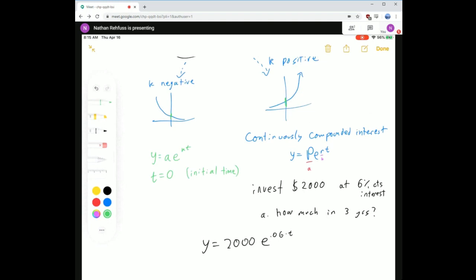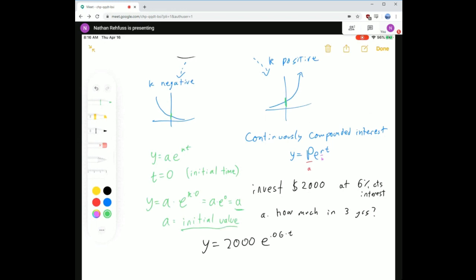And we've seen this relationship before, but just to remind you, that means y equals a times e to the k times 0. Well, k times 0 is 0, so this is a times e to the 0. And you know that any number to the power of 0, including e, is 1. So this is a times 1, which is just a. So we call a the initial value.